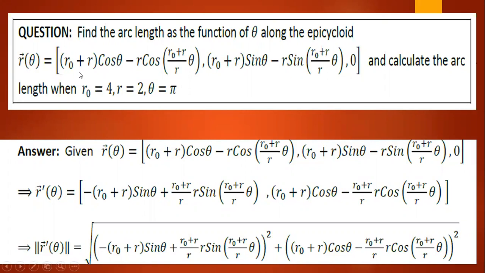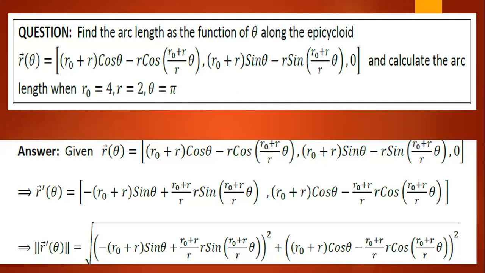First term is (R naught plus R) cos theta minus R cos of (R naught plus R over R) theta. Second term is (R naught plus R) sin theta minus R sin of the same. And the third term is 0. We have to calculate the arc length when R naught is equal to 4, R is equal to 2, and theta is equal to 5.